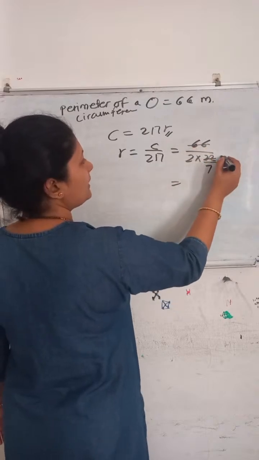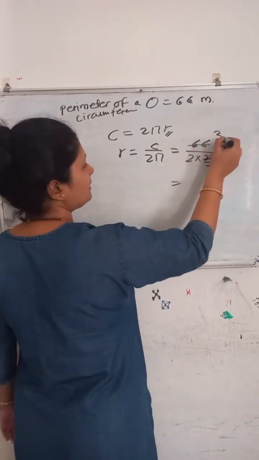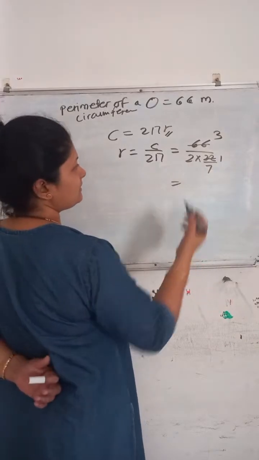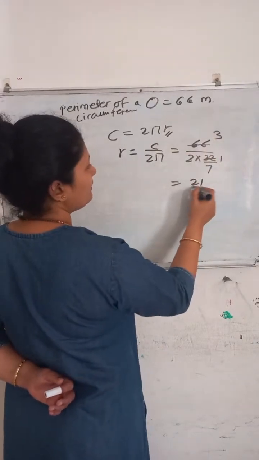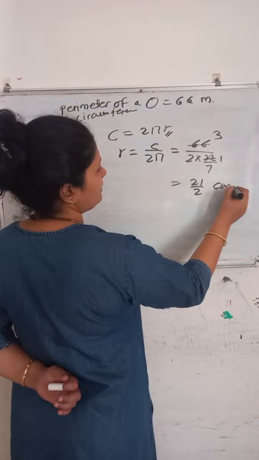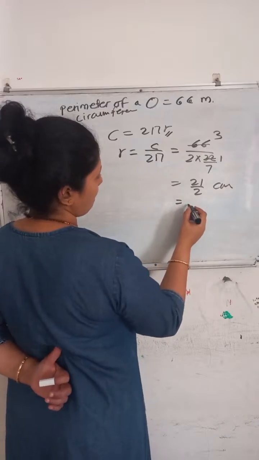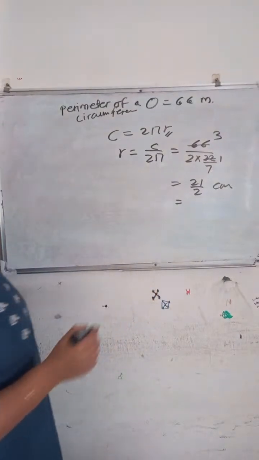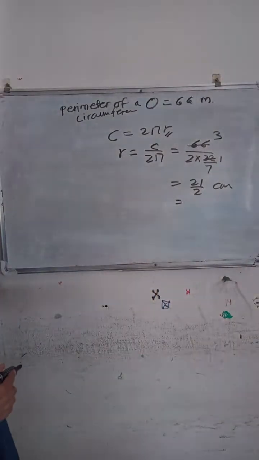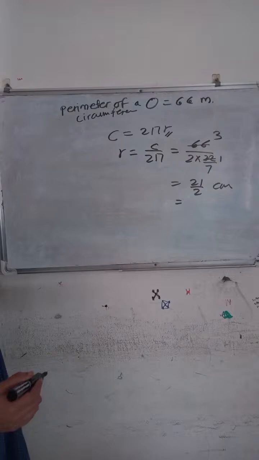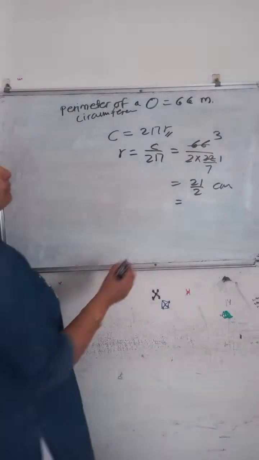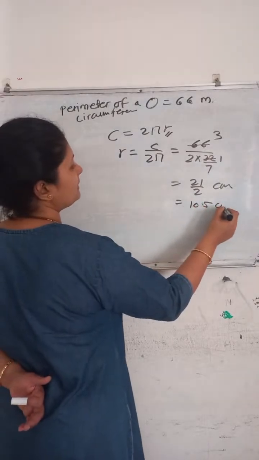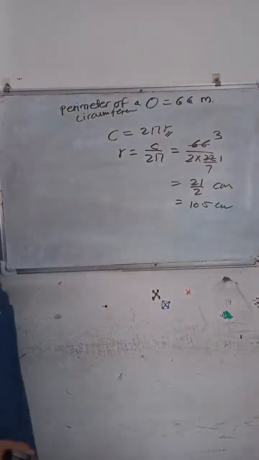So 22 ones are 22, 22 3s are 66, 7 will go up, giving 21 by 2 centimeter. That is 10.5 centimeter, which is the radius.